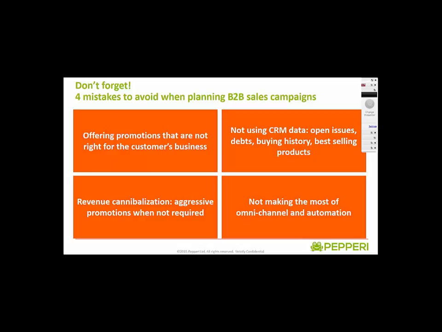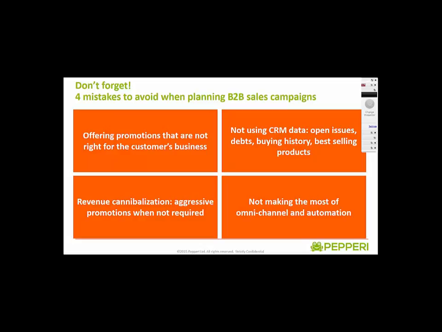The last thing we should worry about is we need to make sure that we're making the most out of our omni-channel and automation. We need to make sure that we're using them to promote self-service. We need to make sure that we're using them to learn about the data of the customer before offering him information.